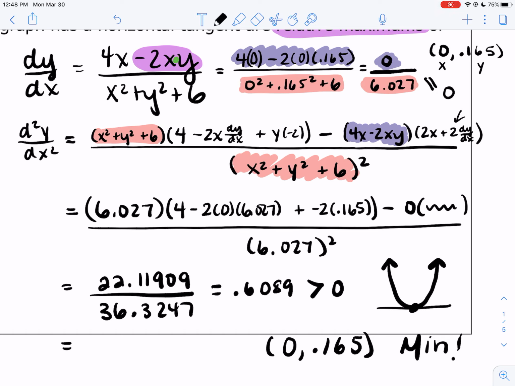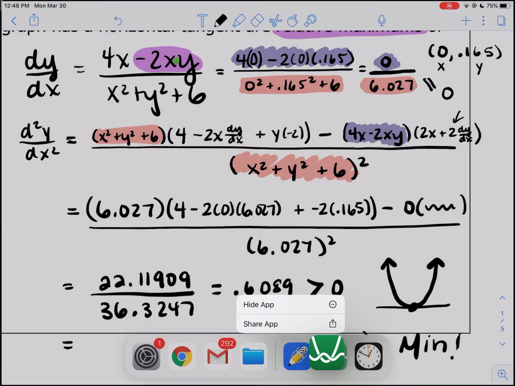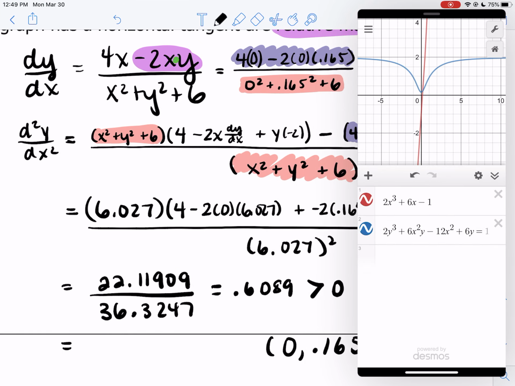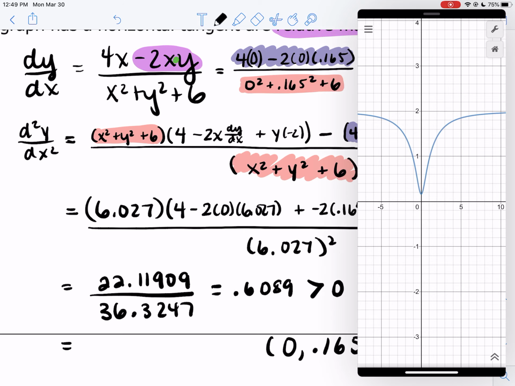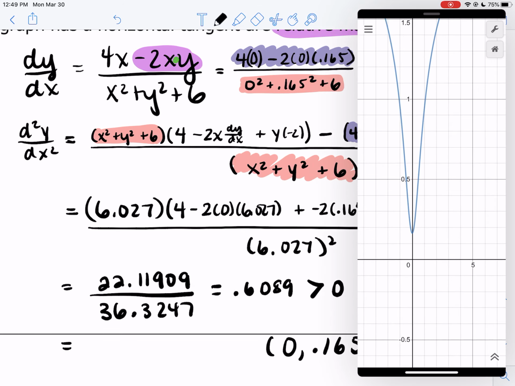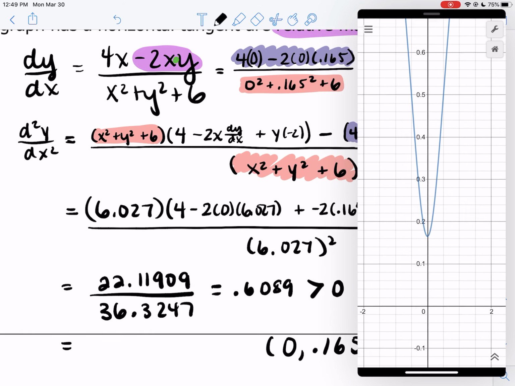If we hold off for a second and go to our Desmos app, we can actually justify that this is exactly what's happening. If you take a look here, if I only show you the graph of the original function, 2y to the third plus 6x squared y minus 12x squared plus 6y equals 1, notice that we actually have a minimum at the coordinate right there.